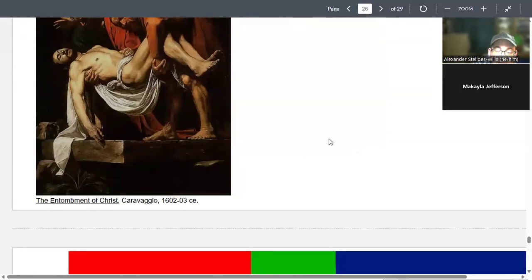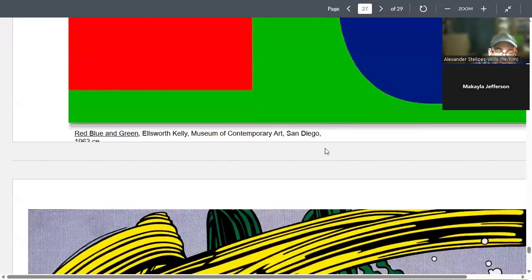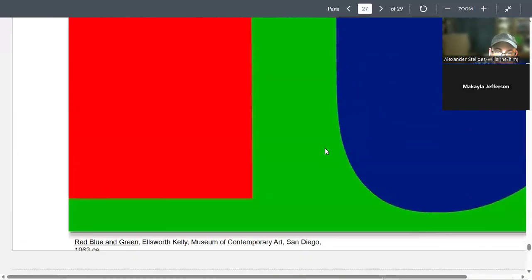There's a strong possibility that either the Caravaggio Entombment of Christ or the Gentileschi painting, one or the other, is going to be used in one of the comparison questions, like the comparison on value.